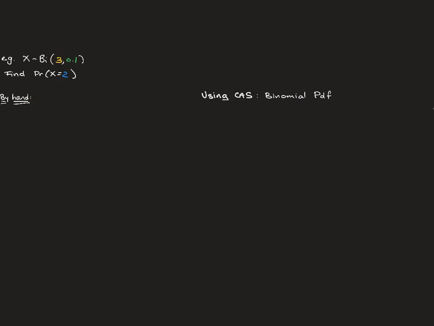So to do this by hand, we need to know that our n is 3, our p is 0.1, and the x that we're working for to find the probability of is 2. So we take our probability formula and we substitute our values in.